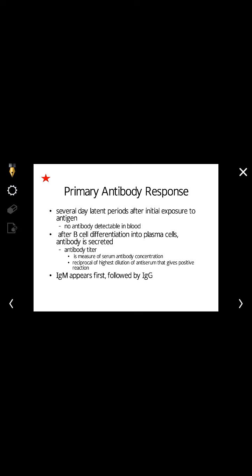So it allows you to track the concentration of antibody being produced, and that tells you how much activity you're getting from the primary antibody response from a B cell.